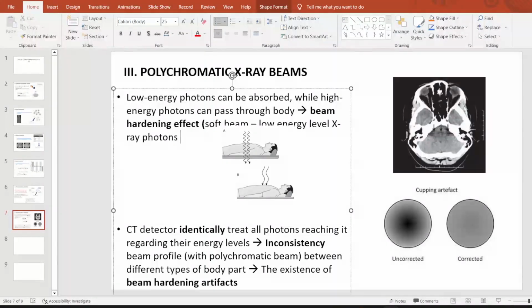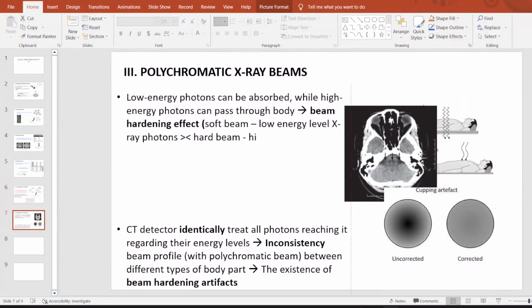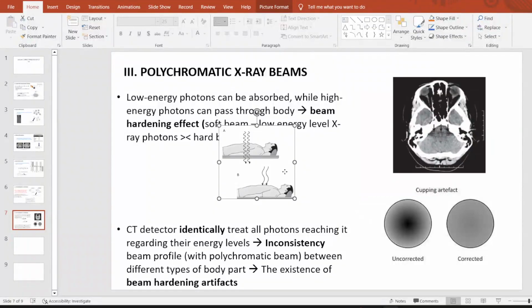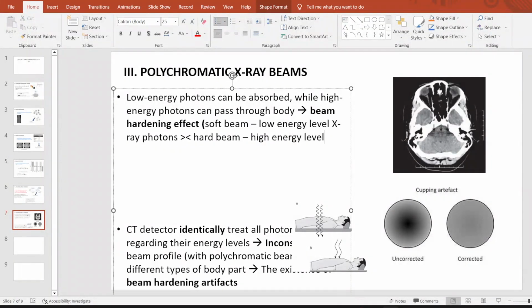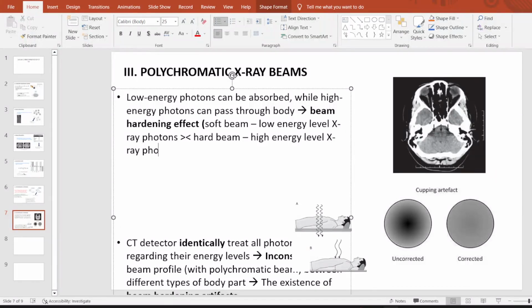The second kind is the hard beam, which is comprised of high energy level X-ray photons.